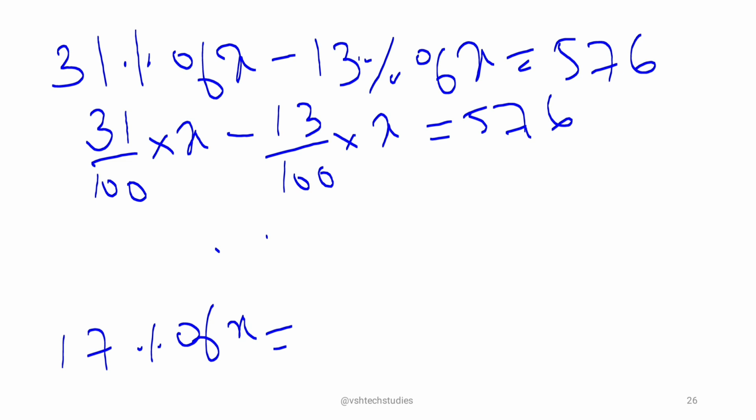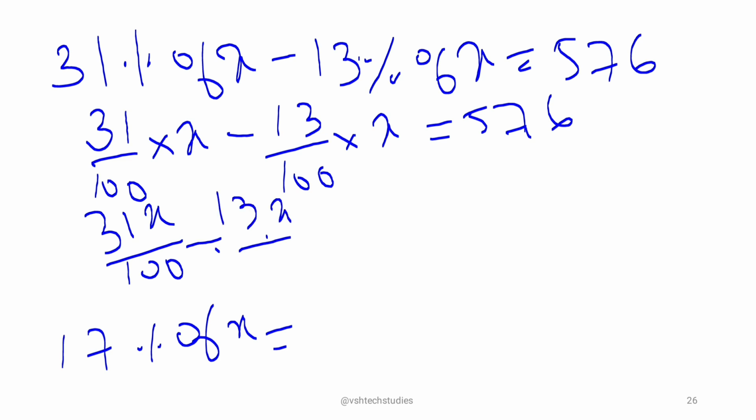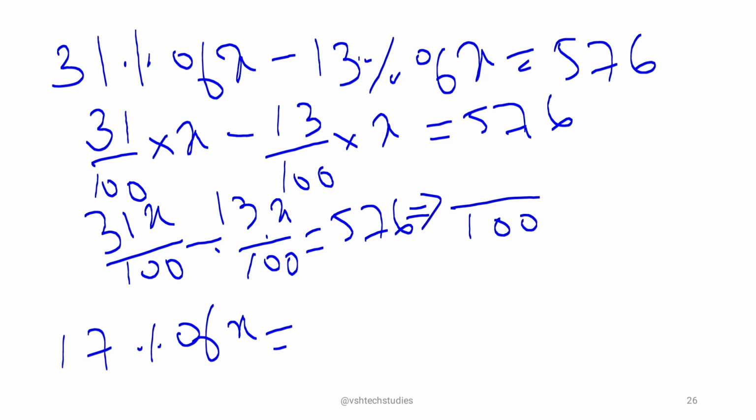Now this is 31x upon 100 minus 13x upon 100 equal to 576. So now the denominator is the same. So that is why we can write here, 100 is the denominator. So 31x minus 13x is 18x. That is equal to 576. Right?